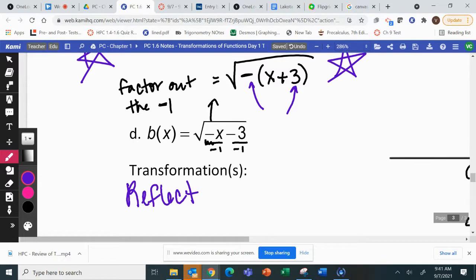So if we have a negative sign and it's under the square root, that's part of the square root. That's part of the function. That's inside the function. So it's going to be horizontal. Horizontal is inside, hi.